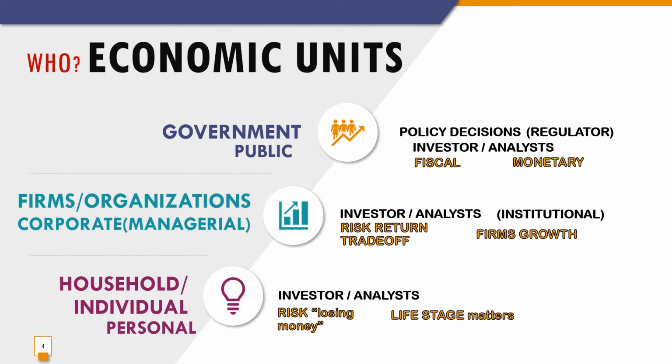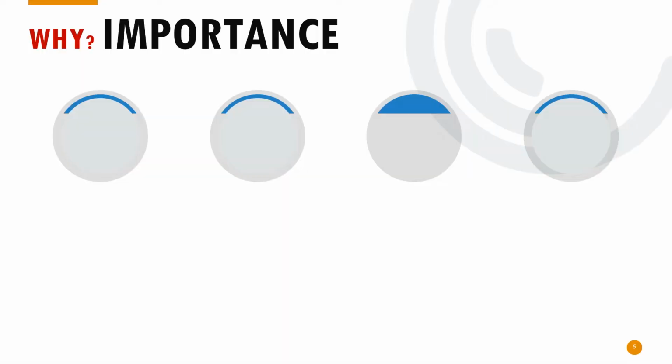So they are also investor and an analyst. So do remember that we have three economic units because they are the ones who would actually be making macroeconomic and industry analysis, especially so if you are a government and a firm or an organization.